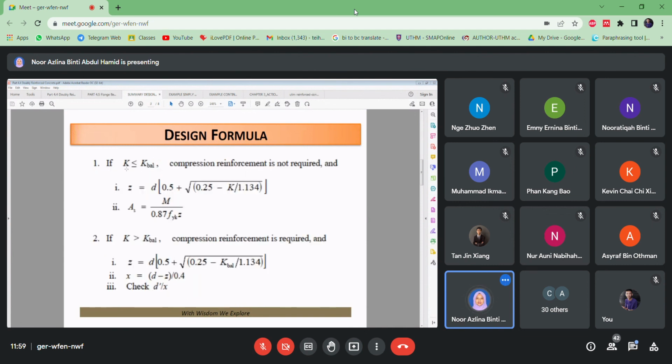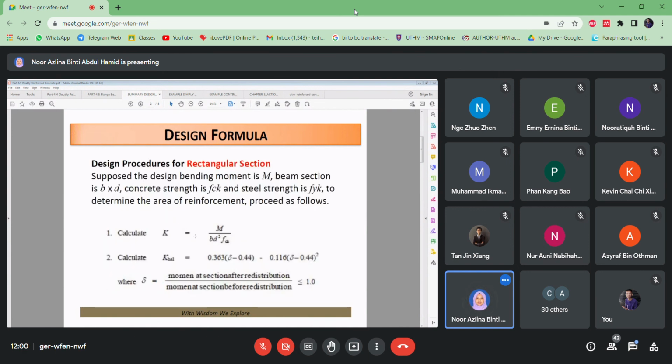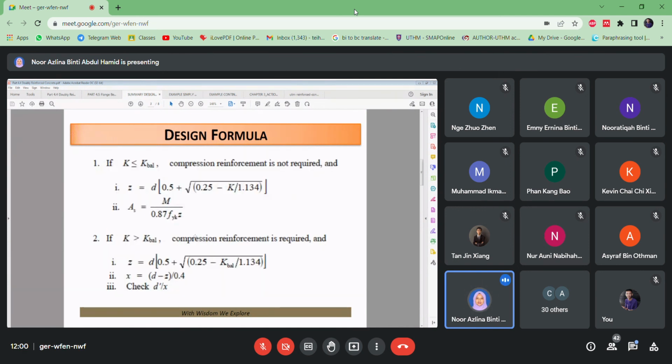So kalau K less than K balance, compression reinforcement is not required. You nak guna kaedah ni boleh ataupun kaedah moment tadi, M less than M balance. This one if use K dan K balance. Kalau dulu saya belajar, saya suka guna ni.